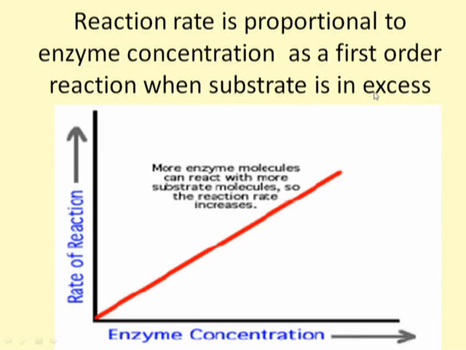When the substrate is in excess and we plot a graph of enzyme concentration versus rate of the reaction or the product formed, it will show a linear first order type of reaction. So this forms the basis for determining the enzyme concentration. If we determine the rate of the reaction, we can get to know the enzyme concentration.